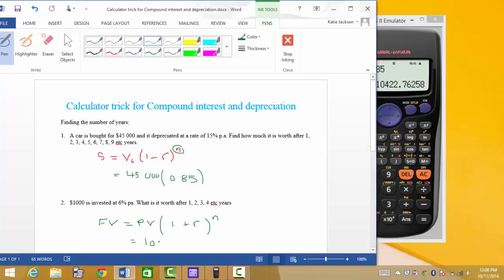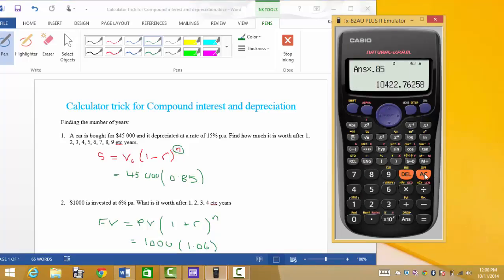We've got $1,000 in here, because that's what I've started with. 1 plus 6%, well, that's 1.06. So what we can do is we can go to our calculator and we can do $1,000, press equals, times that by 1.06. That's how much it's worth after 1 year, 2 years, 3 years, 4 years, 5 years, 6 years, and so on.